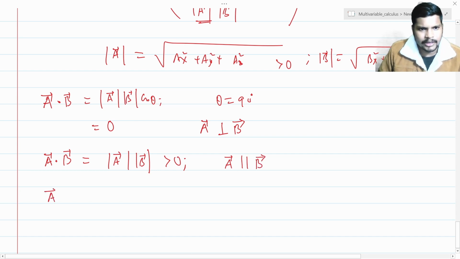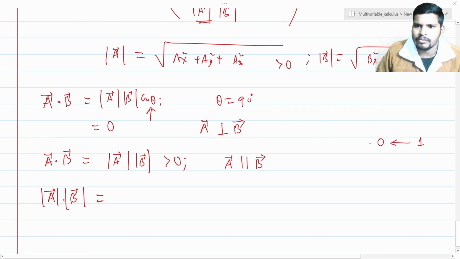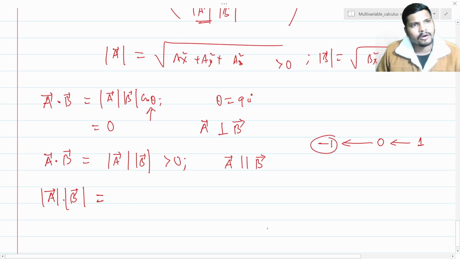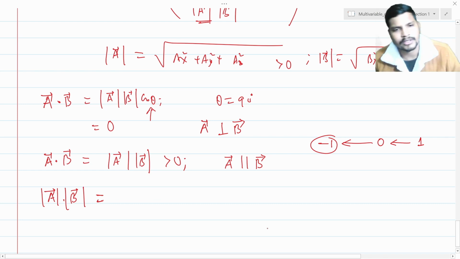Now, what could be the minimum of cos theta? Cos theta can be maximum 1 and then 0. And is there any way we get minus 1? Cos pi is minus 1, I guess so.